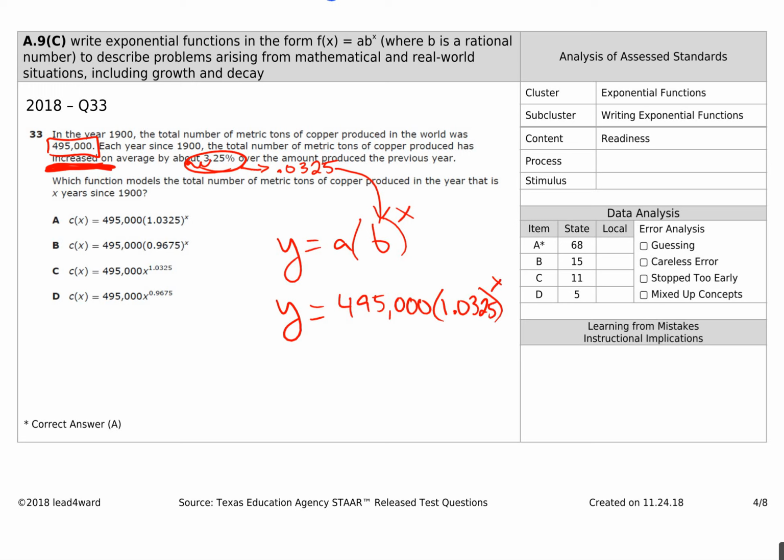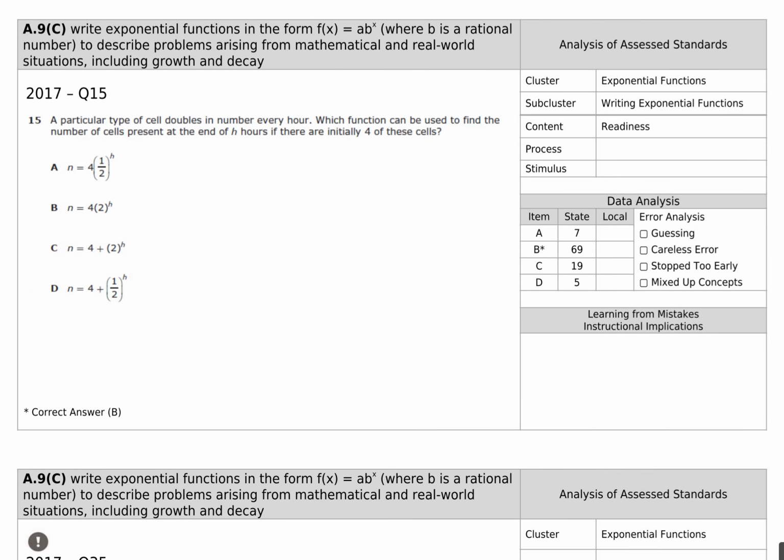That's growing at a rate. The 1 keeps the original amount, and the 0.0325 is the growth that's being added onto it. Now, the decay problems with percentages are a step even harder than that. We'll go over it when we get to it.